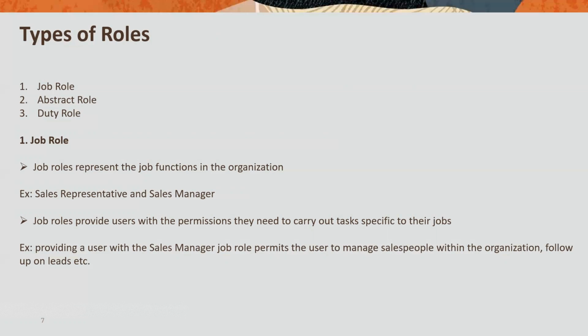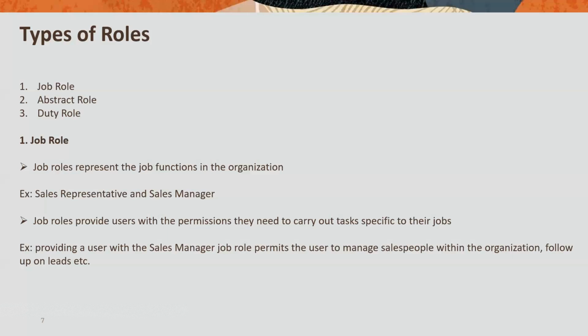This job role can have specific functions which that employee can do. For example, as a sales representative, I need to create leads, I can convert them to opportunities, I can create accounts, I can view accounts, I can create contacts, and I can also see my profile.